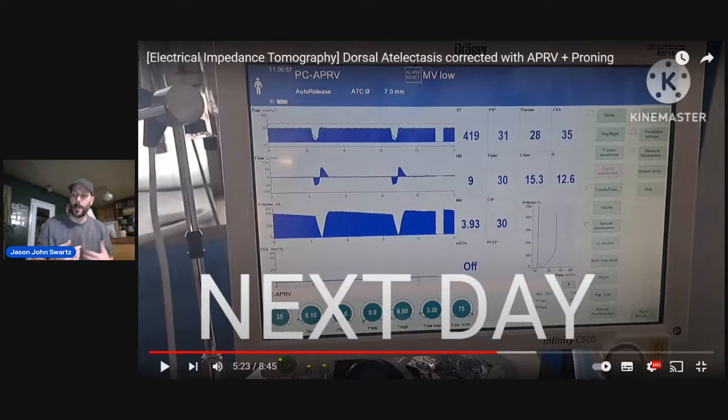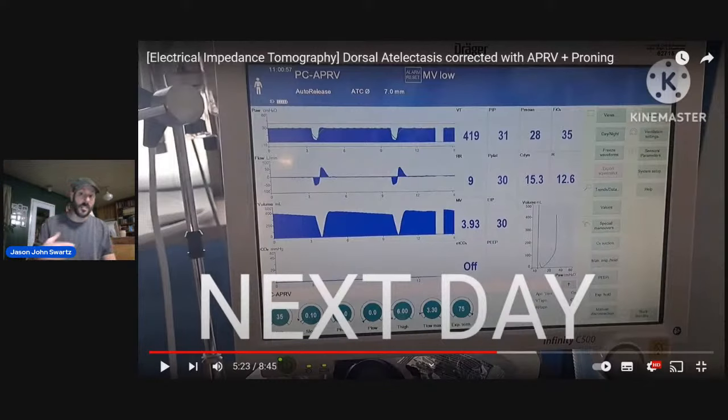So, I get the optimal PEEP on conventional, and if the conventional is still not perfect, then, because the monitor's on, I'll transition to APRV, and I'll make the comparison, and I'll bring all of the results to the doctors, and the results are there.